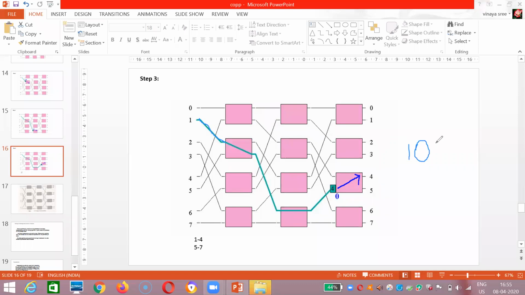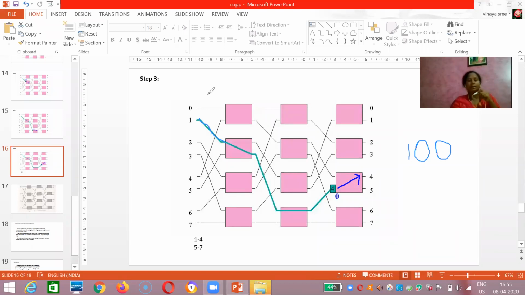Some students are asking this doubt. I'm repeating once again, you try to concentrate. See here, the main intention of this multi-stage omega crossbar is to access memory. We are studying about multiprocessors. When there are multiple processors, how these processors access the memory is the first question.